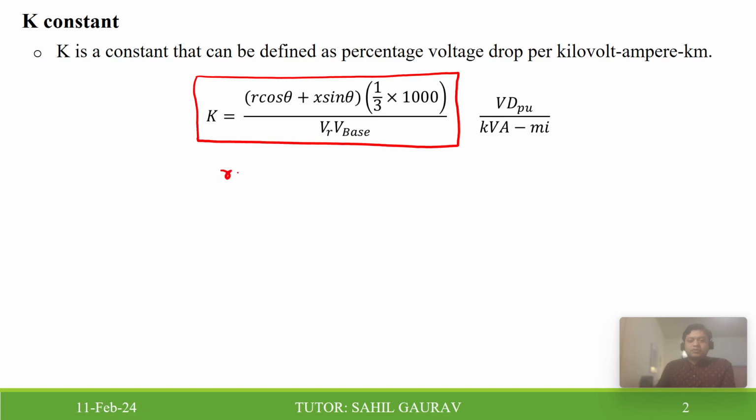In this expression, we should know the resistance R of the line per unit length, and X is the reactance per unit length.